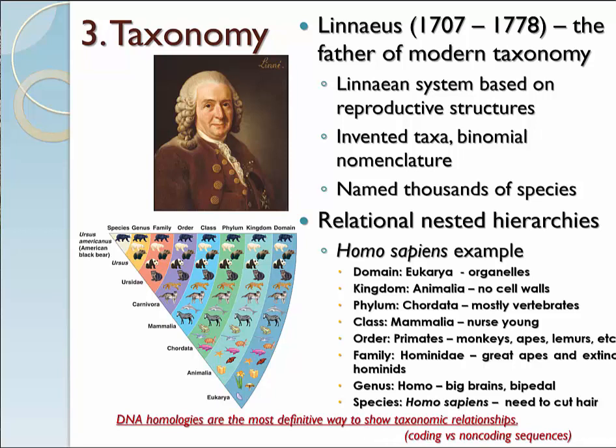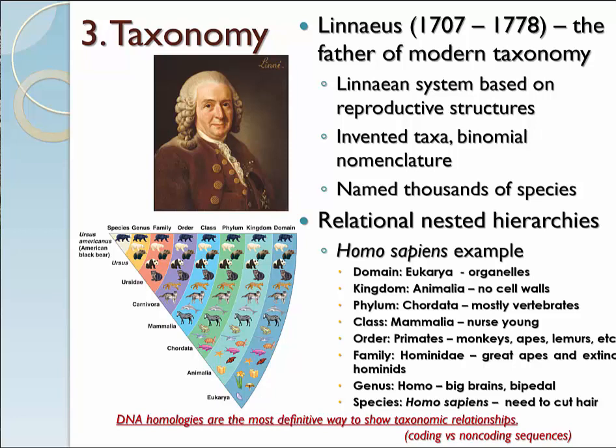Okay, so the most definitive way to show taxonomic relationships is through DNA homologies, and we've talked about this before too. Recall that there are both coding and non-coding DNA sequences. The coding DNA sequences actually code for proteins and other things, while the non-coding don't.